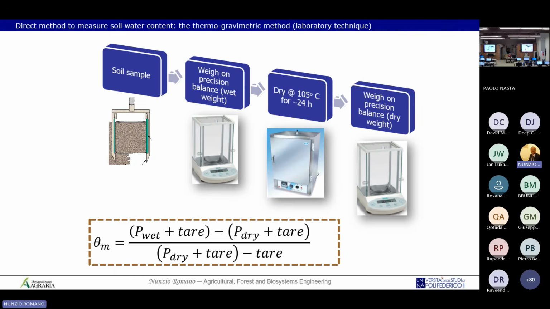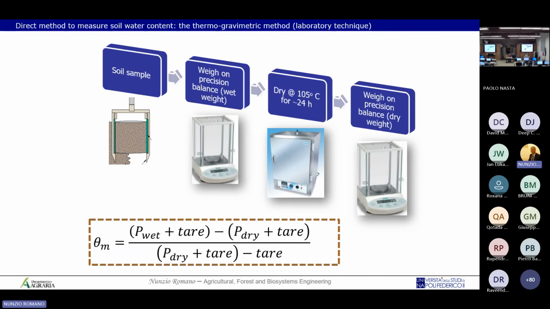So we have to collect the soil core, the undisturbed soil core, and then we will discuss it. Then you weigh it with a precision balance. You weigh this core, so you have the weight of the soil, but you also weigh the tare, for example the steel cylinder that you use to collect the soil core.